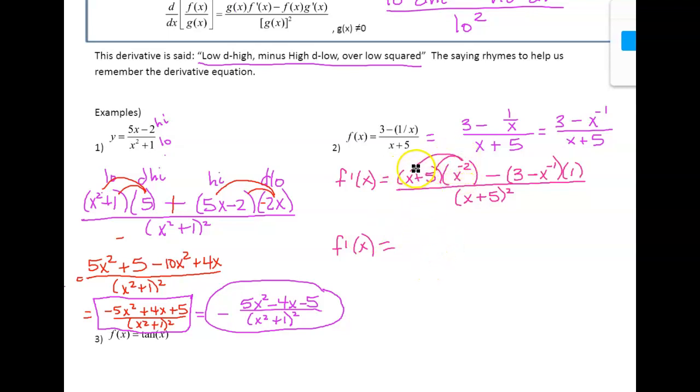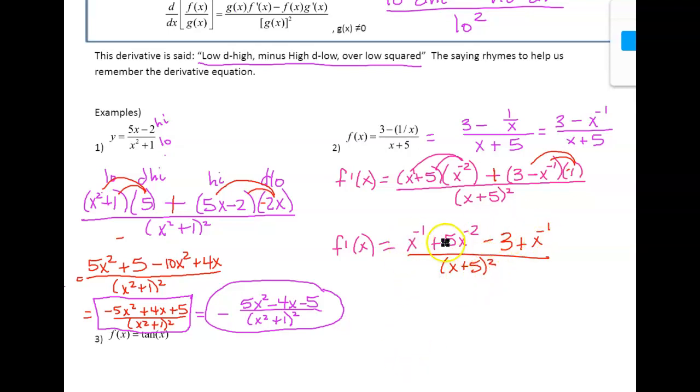So remember, you add exponents, so we get x to the -1 plus 5x to the -2. This is like a -1. I'm going to change colors so you can remember I did it. So minus 3 plus x to the -1, and then our denominator stays the same.